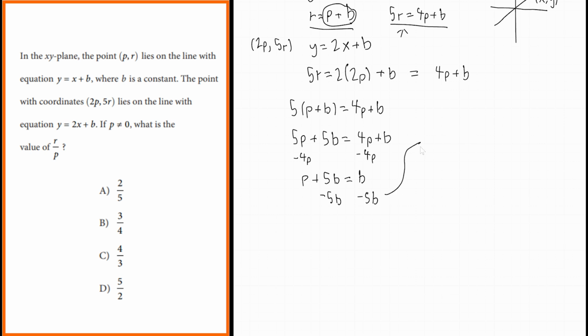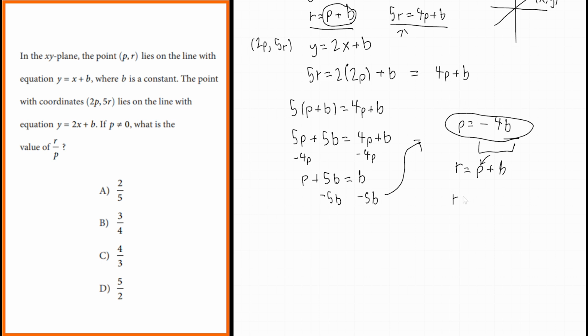and I'll write this over here. We get p equals negative 4b. So now we have a value of p in terms of b. Now we can take this value and plug it back into our original equation of r equals p plus b. Take this value, which we say is equal to this p, and plug it into this p.